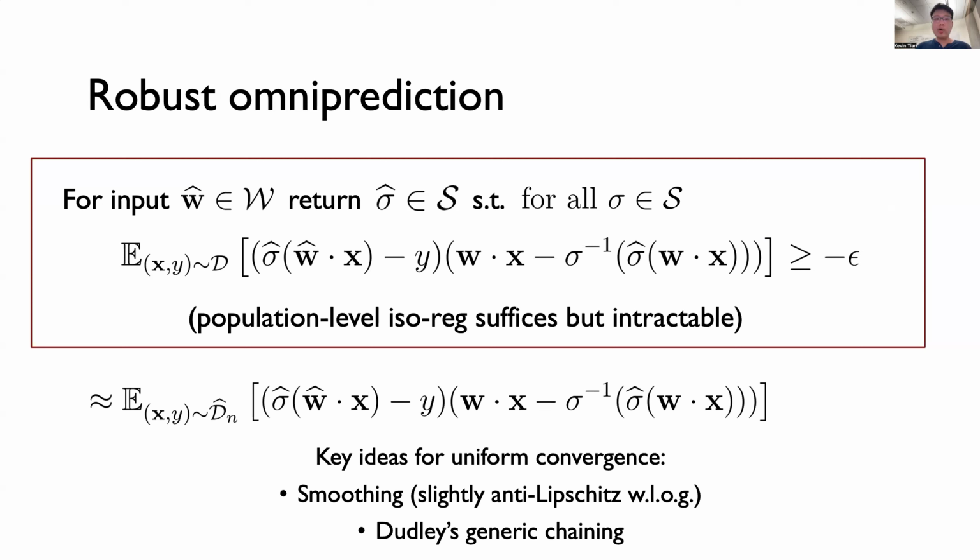So what we show is that if we slightly smooth the family of loss functions we care about to create some sort of bi-Lipschitz regularity, this doesn't affect the omniprediction guarantee by very much. And at that point, we can bound the stability of this entire expression in terms of how close we've learned sigma, and the resulting sample complexity follows from an application of Dudley's generic chaining theorem.